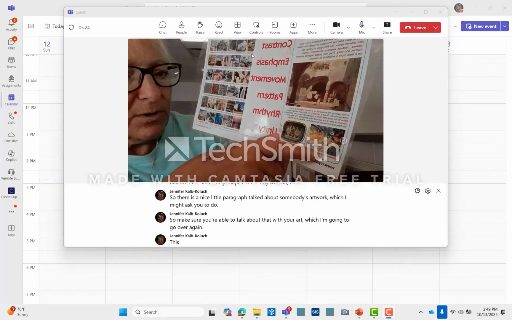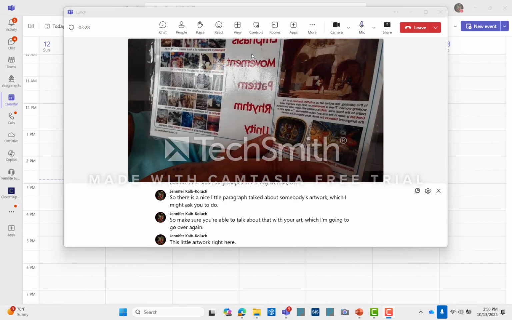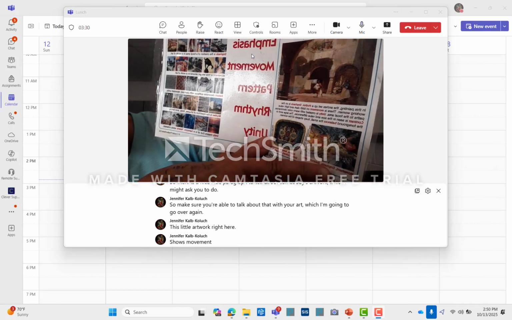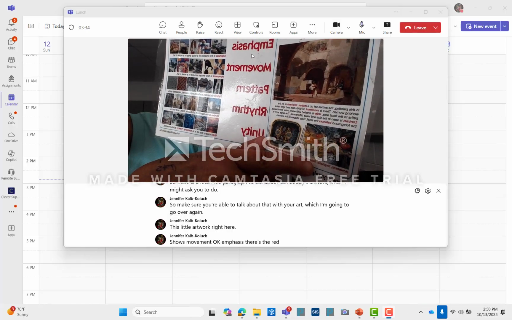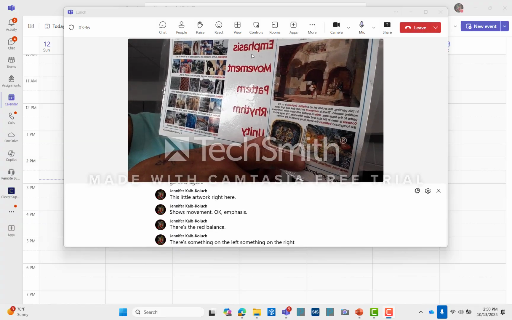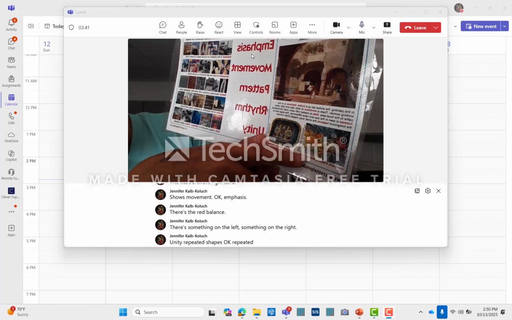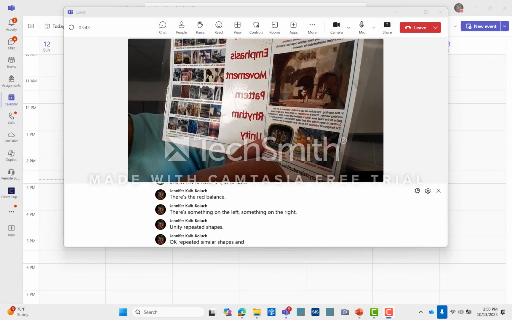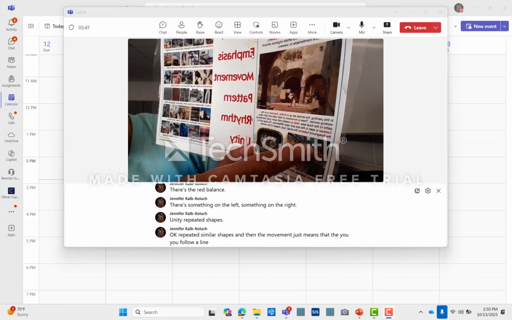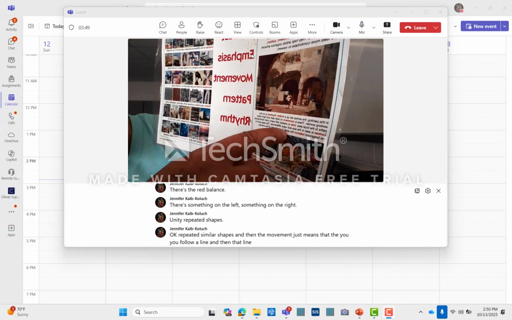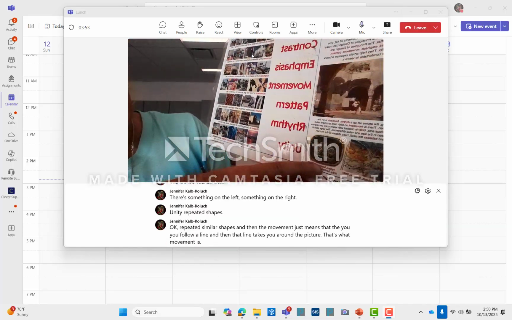This little artwork right here shows movement, okay, emphasis, there's the red, balance, there's something on the left, something on the right, unity, repeated shapes, okay, repeated similar shapes. And then the movement just means that you follow a line, and then that line takes you around the picture. That's what movement is, all right?